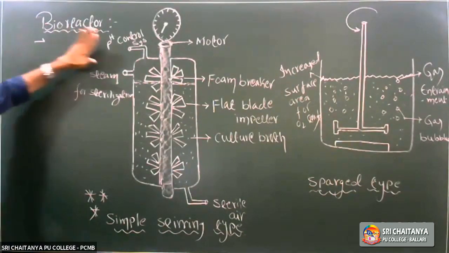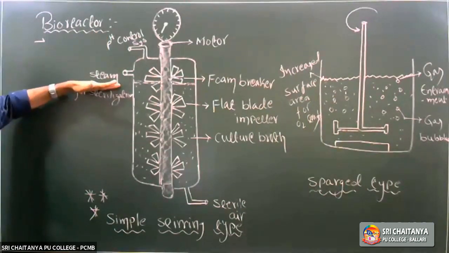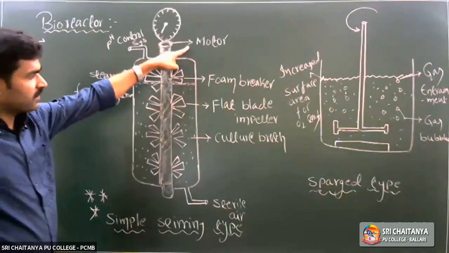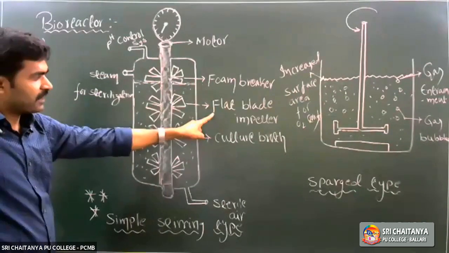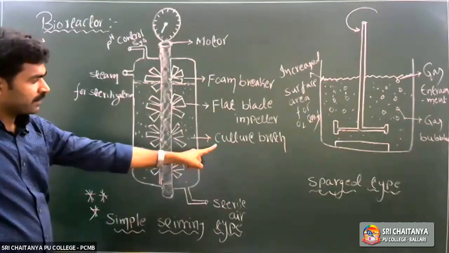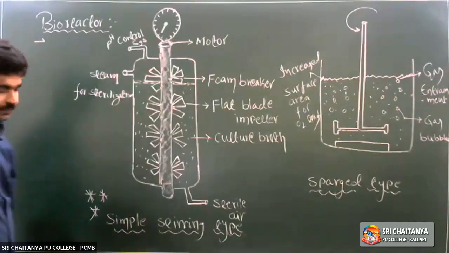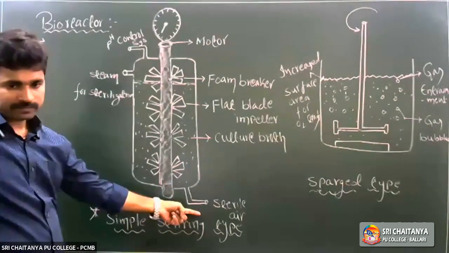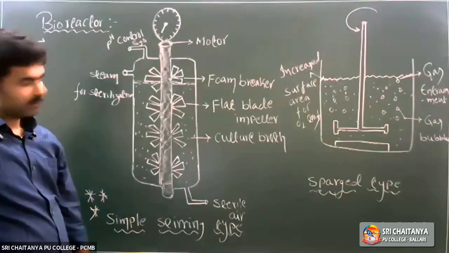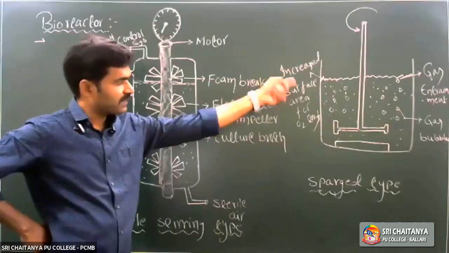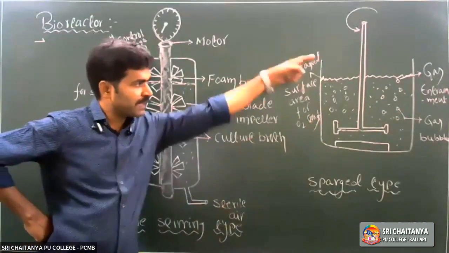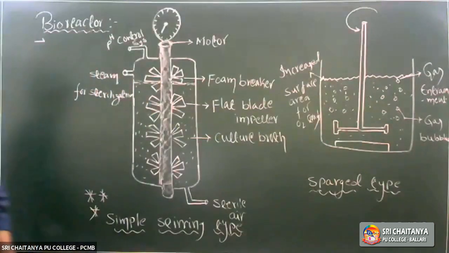The labels are: pH control system, steam for sterilization, motor, foam breaker, flat blade impeller, culture broth, sterile air, increased surface area for oxygen transfer, gas entrainment, gas bubbles.